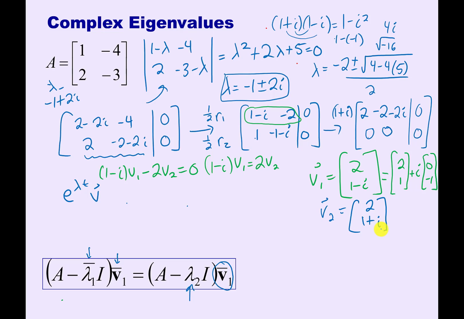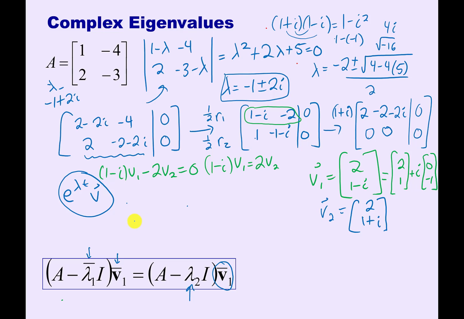But it turns out if we build those, we're going to see how to build the solutions, but in the end the solutions that are built end up not giving us any new information for the conjugate, so we can get two linearly independent pieces and build all solutions, and it would cover both for the complex eigenvalue and for its conjugate, which is just going to end up being a scalar multiple. So it's all going to be able to be done with our e to the lambda t times the eigenvector.